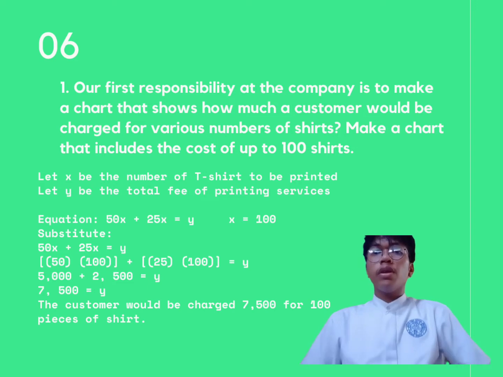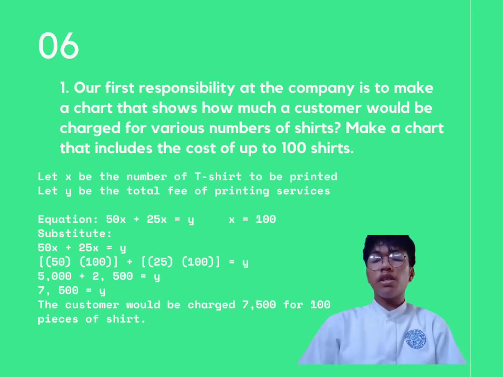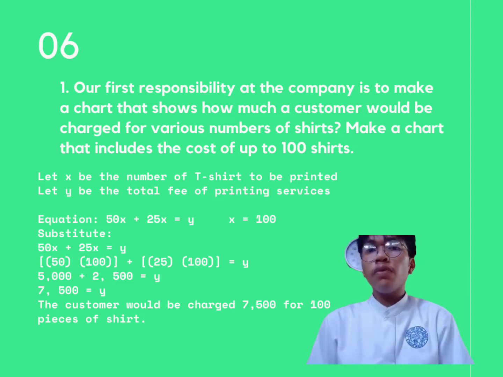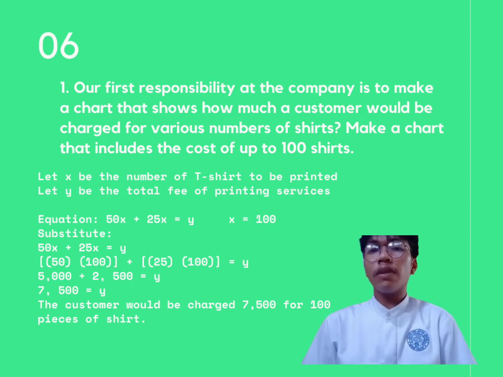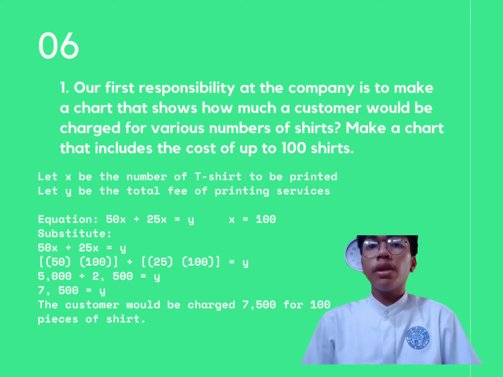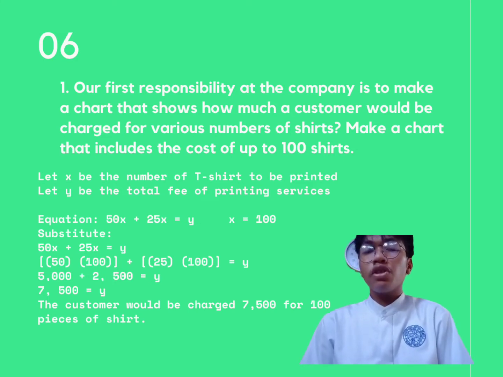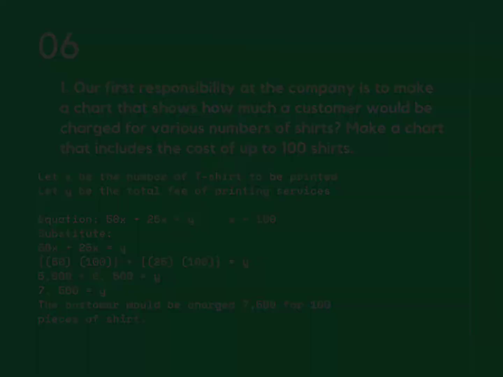Substitute. 50 times 100 is 5,000 and 25 times 100 is 2,500. 5,000 plus 2,500 is equal to y. 7,500 is equal to y. The customer would be charged 7,500 for 100 pieces of shirt.